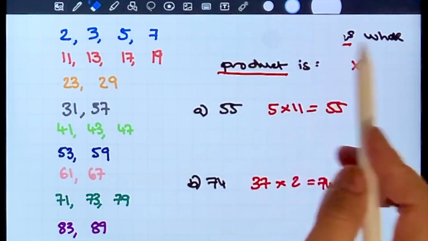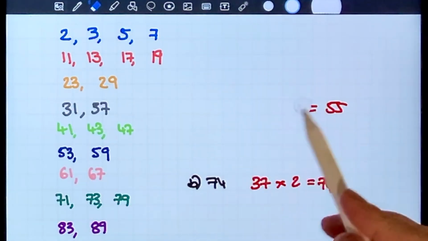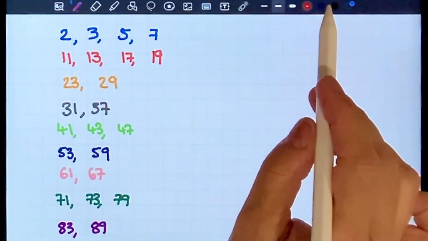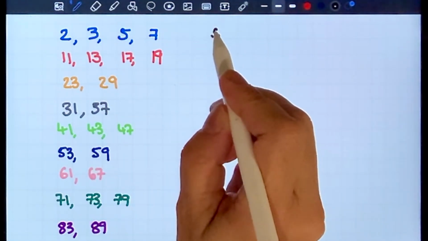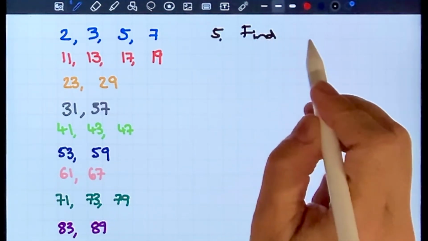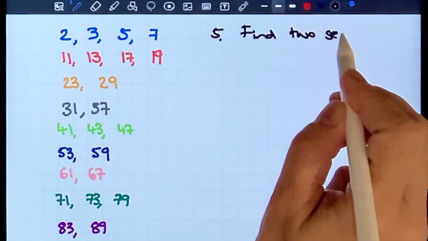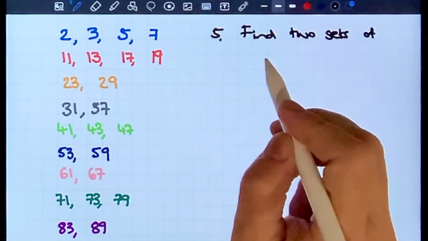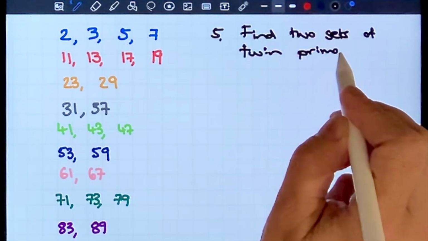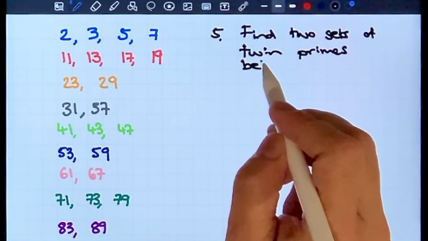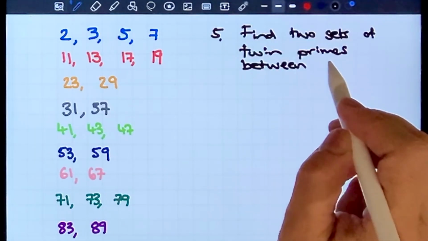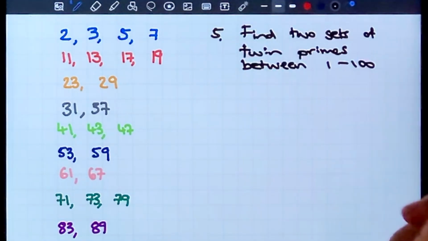Okay. Next we do question 5. And it's asking us to find two sets of twin primes between 1 to 100.